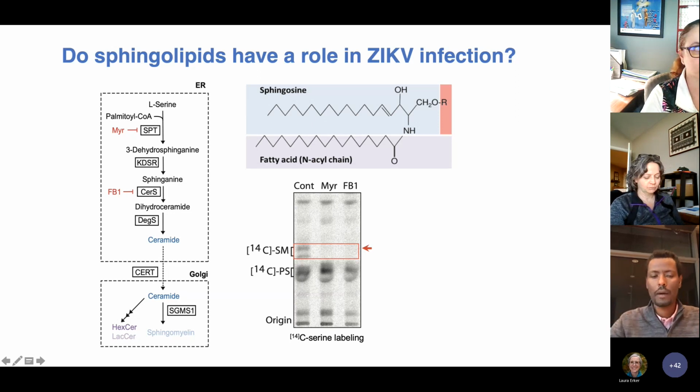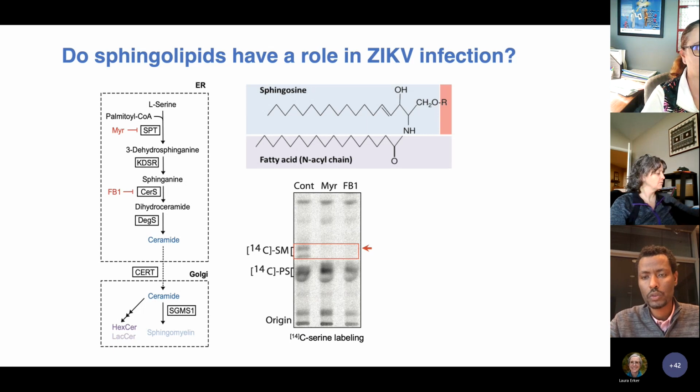Ceramide is then converted into sphingomyelin or glucosylceramide, which can be converted further by different enzymes to higher glycosphingolipids. Ceramide contains sphingosine and fatty acids, and depending on the head group, if the head group is choline, it is a sphingomyelin. If the head group is glucose, it could be glucosylceramide, and so on.